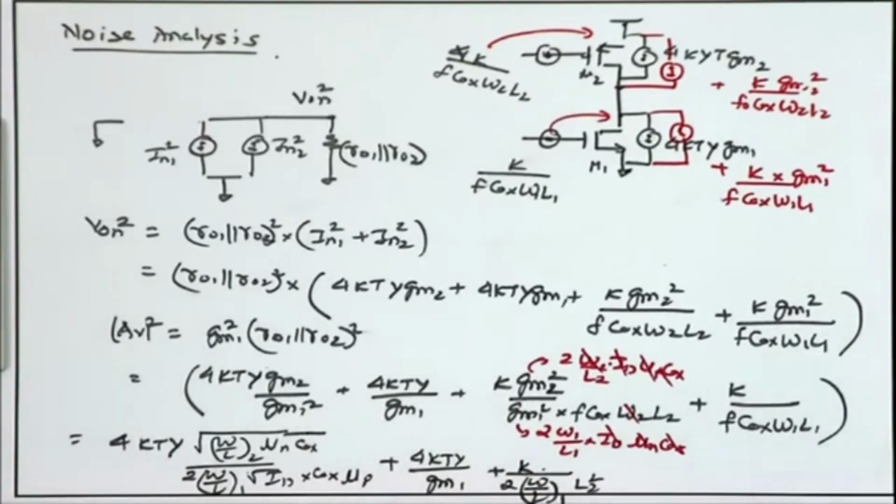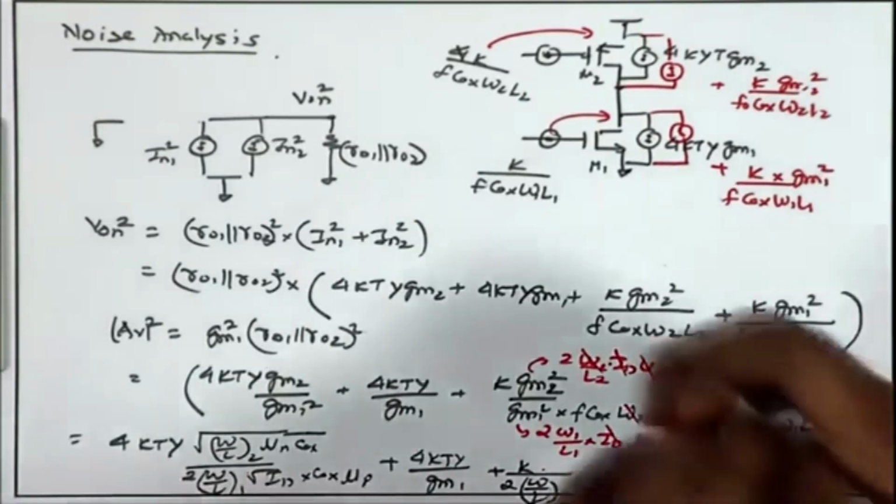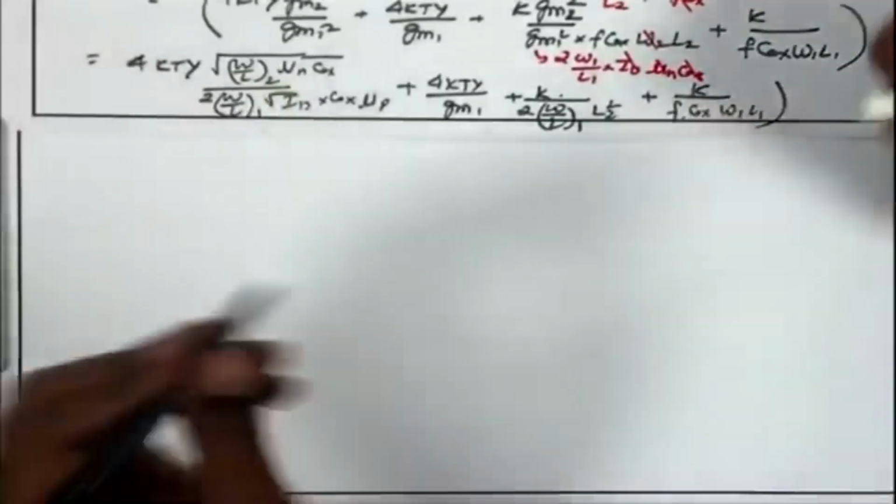This is what I am getting in the denominator, and likewise the last term is K upon f COX W1 L1. So, let me write it a little more clearly, so let me just copy this, and then from there try to conclude what is going to happen to the overall noise expression.